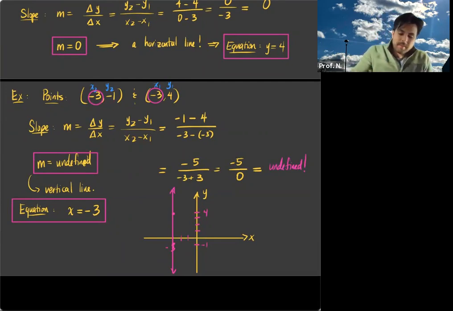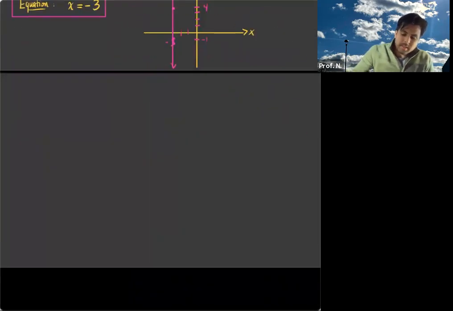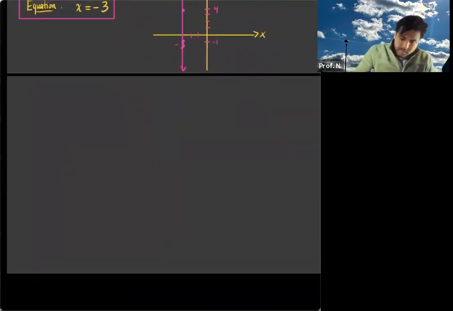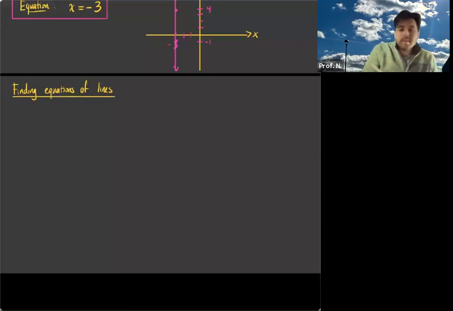Now, we're going to get into a bit more complexity, which is finding equations of lines that are not necessarily vertical nor horizontal. They're slanted.